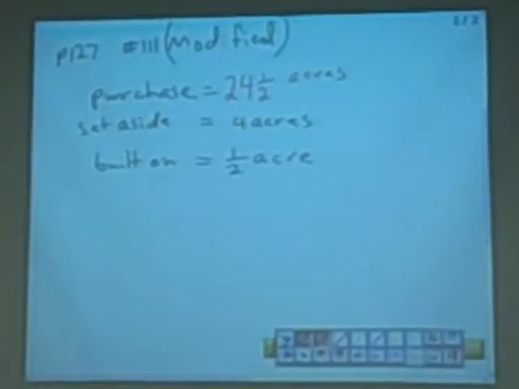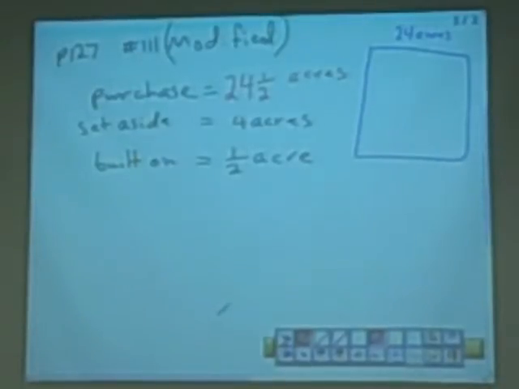Alright, so here we have, let's draw a picture of this land. He's got 24 acres, right, of land. But he needs to set aside 4 acres, right, for an entranceway.